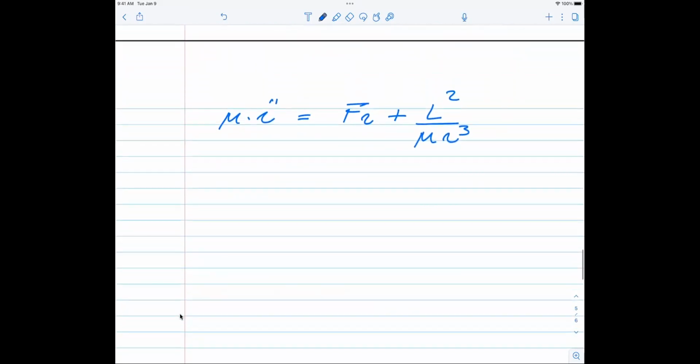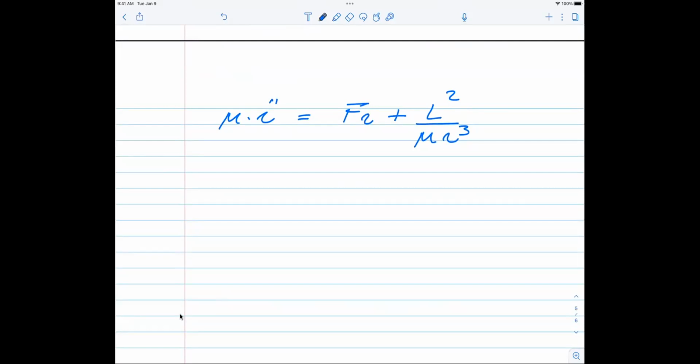Now, before we do that, there are some interesting things which we can look at. So one of the things is that this term, this L squared term, does not come from the potential.